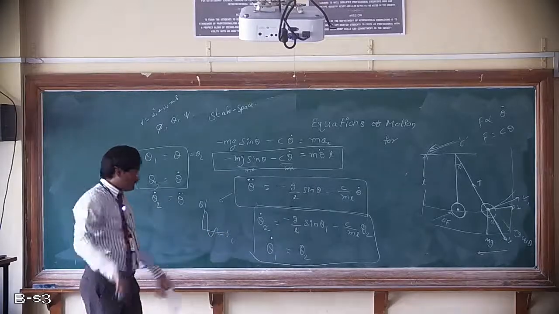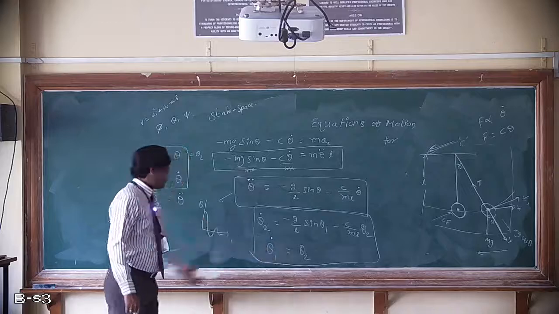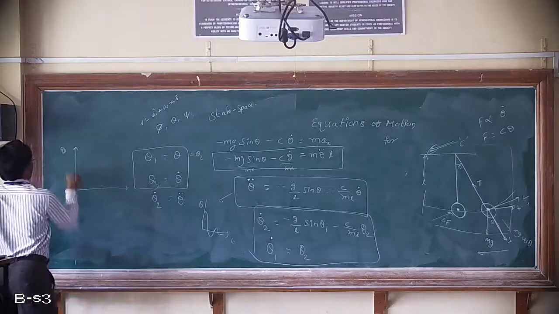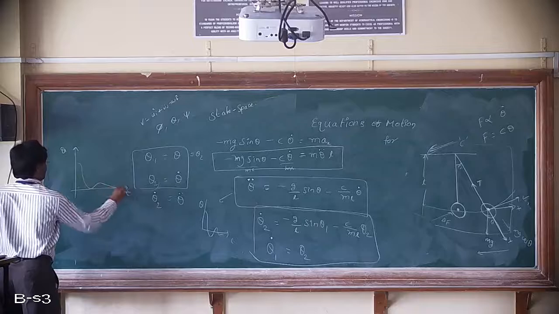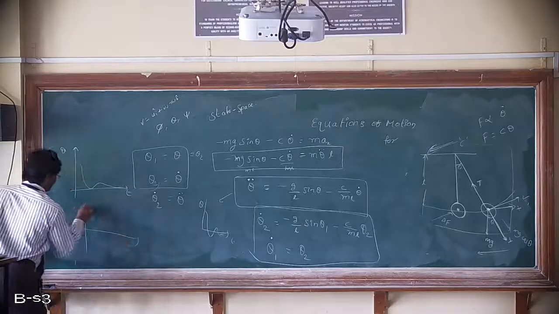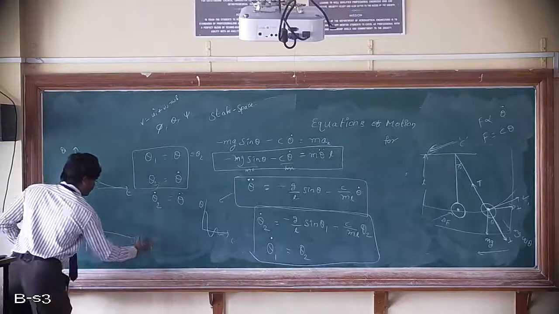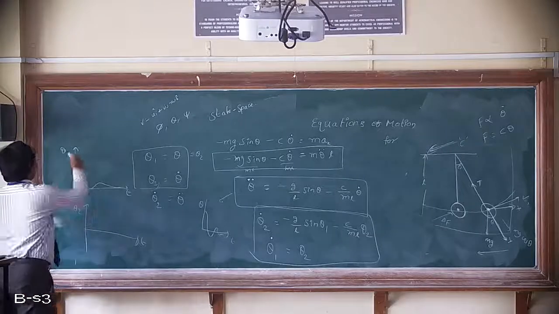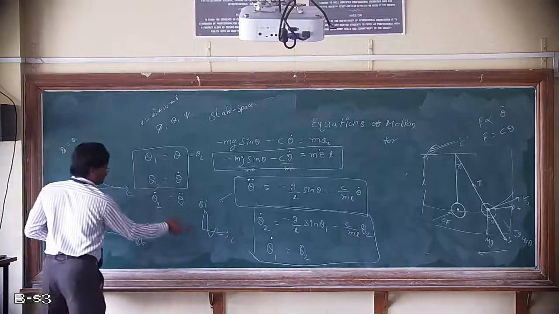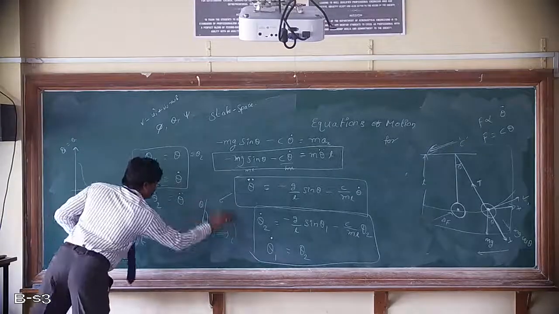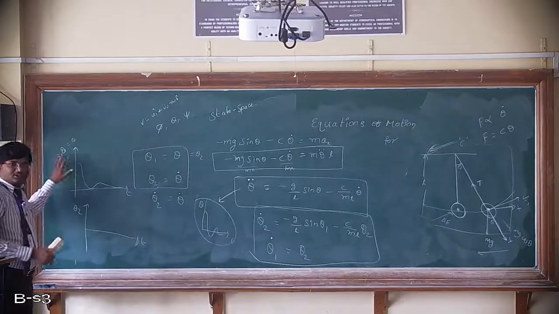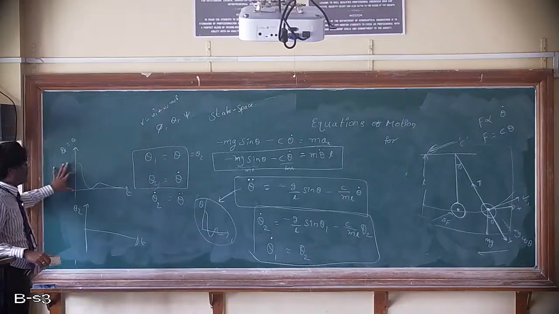But if you solve these two first order differential equations, you will get theta 1 with respect to time, how it is varying, and at the same time theta 2 with respect to time, right? Your theta 1 is nothing but theta, the same as what you get by solving the second order differential equation. That you will achieve, no doubt.